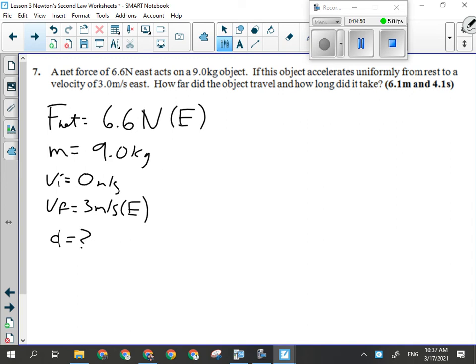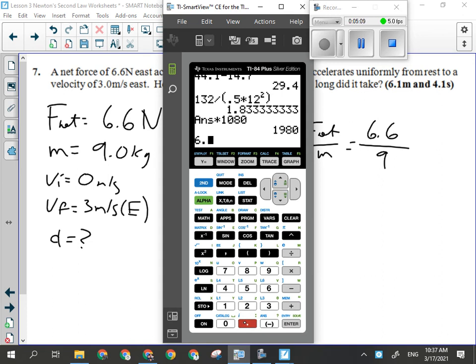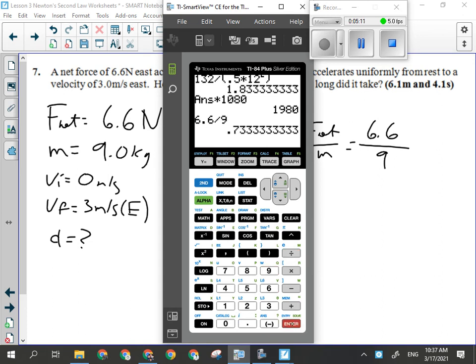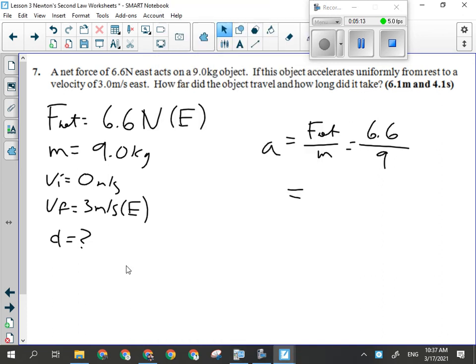Okay, so I have the net force and I have the mass. What can I calculate with that? Acceleration. I can calculate the acceleration. So I'm going to say acceleration equals F net divided by m. So that'll be 6.6 divided by 9. All right, so I've got an acceleration of 0.73 meters per second squared east.